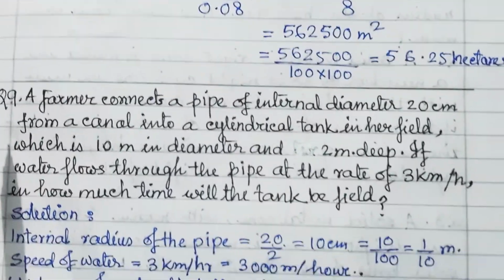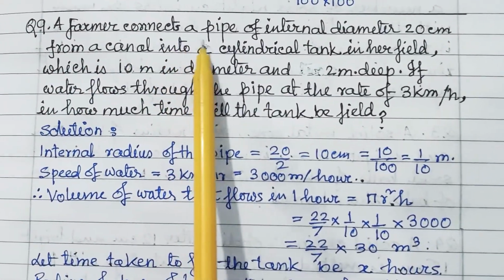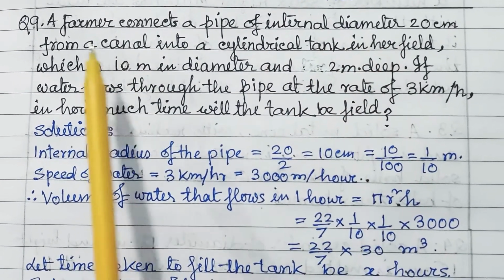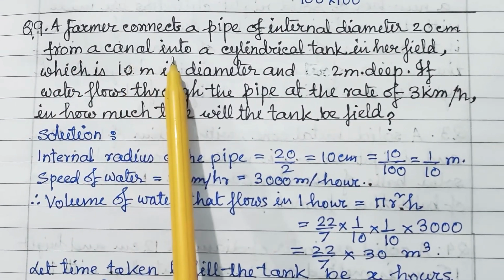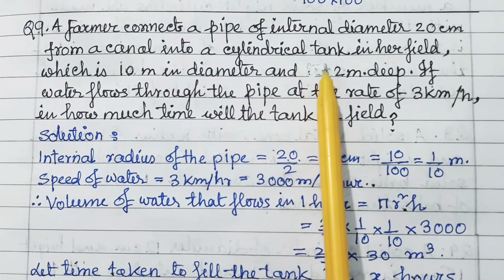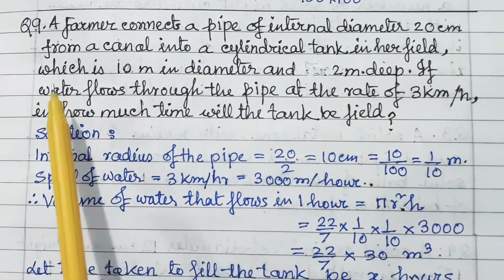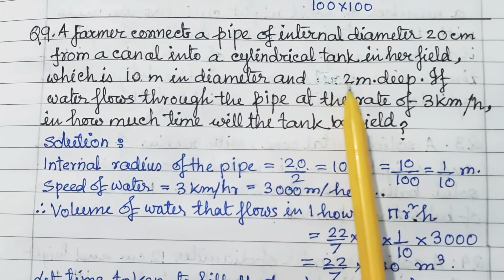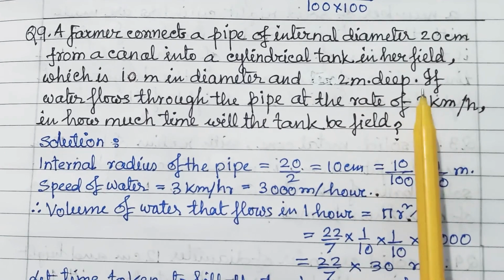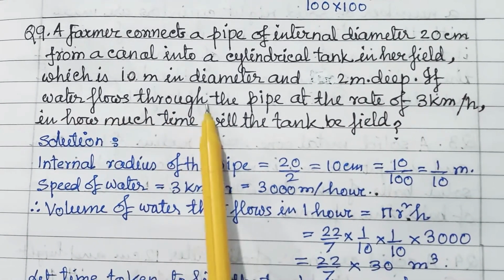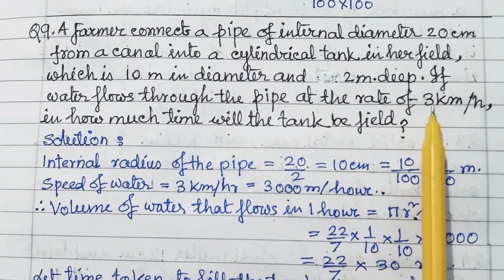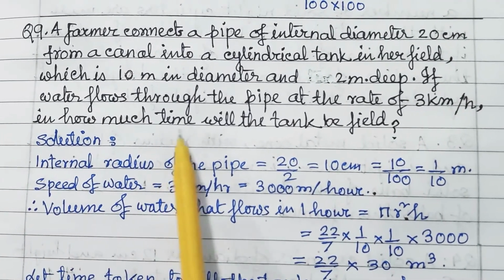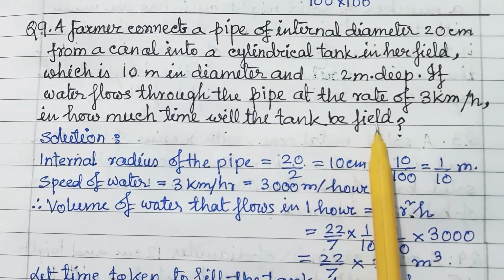Next, question number 9. A farmer connects a pipe of internal diameter 20 centimeter from a canal into a cylindrical tank in her field, which is 10 meter in diameter and 2 meter deep. If water flows through the pipe at the rate of 3 km per hour, in how much time will the tank be filled?